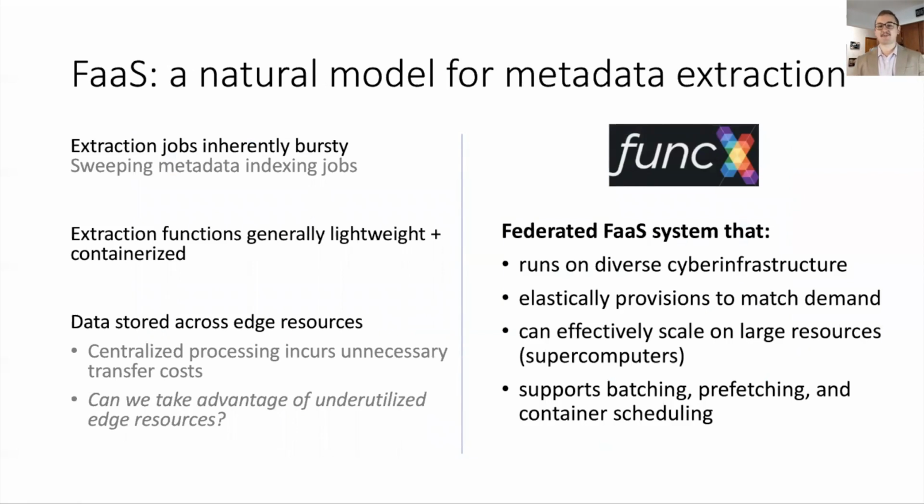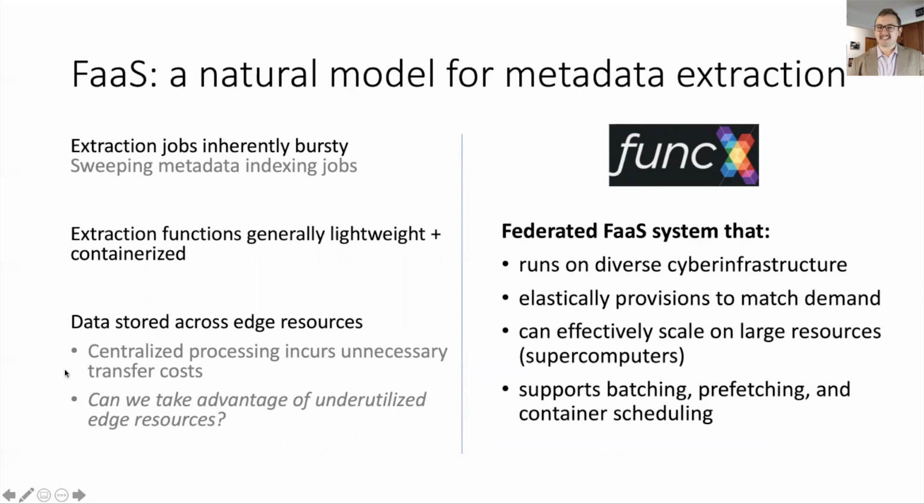And we noticed that this metadata extraction problem fits pretty well with a lot of the strengths of FaaS, or function as a service. So we noticed that these extraction jobs are inherently bursty. You might want to sweep over an entire repository or a folder when you're ingesting it. These extraction functions, these extractors, can be generally lightweight and containerized. You can package all the dependencies, even machine learning models, into a container.